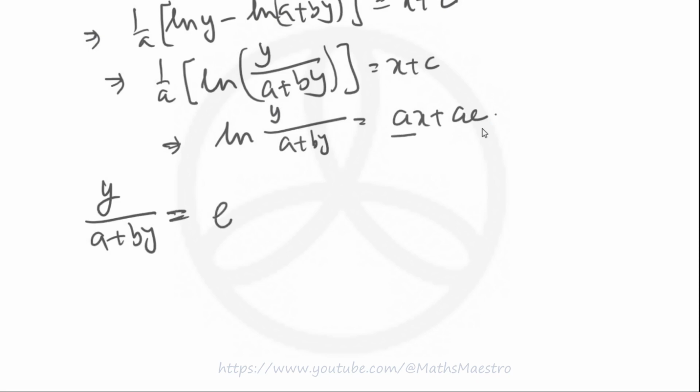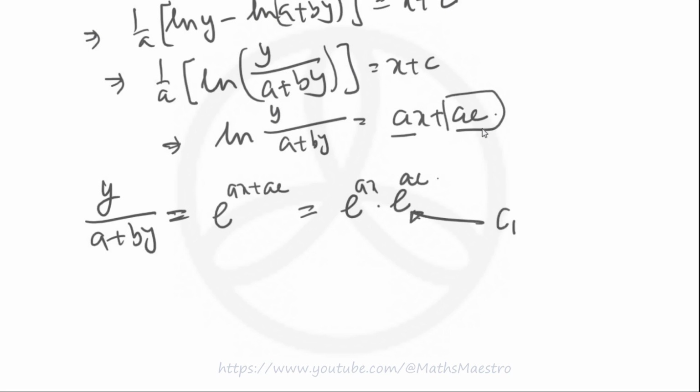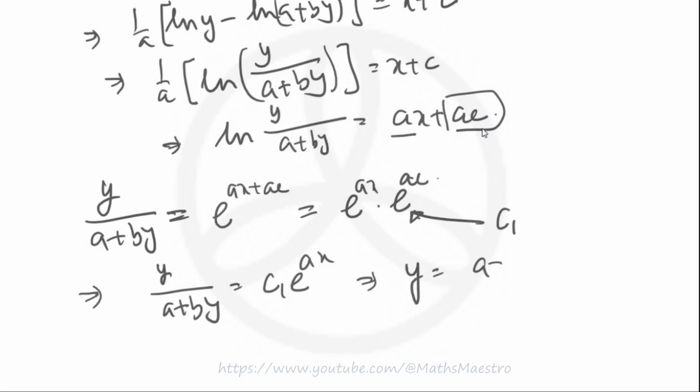So this is e to the power ax plus ac, which we can write as e to the power ax multiplied by e to the power ac. Looking at this, this is a constant, but different from the other one, so we can assume a different constant c1. Therefore we can write y by (a plus by) is equal to c1 e to the power ax, and then y is equal to (a plus by) multiplied by c1 e to the power ax.